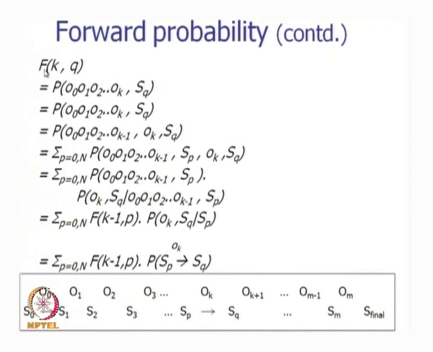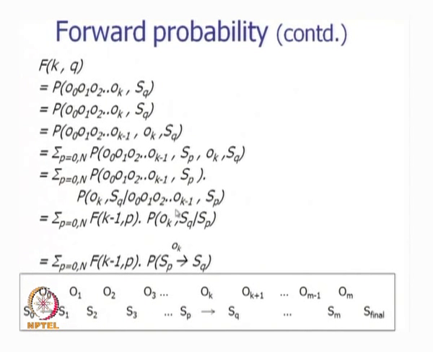So, this whole probability f k comma q is nothing but the sum of f k minus 1 p, p going from 0 to n, where each f k minus 1 p is multiplied by the transition probability from S p to S q with O k. This whole deduction is completed by applying marginalization, then the chain rule, and the Markov assumption after that.